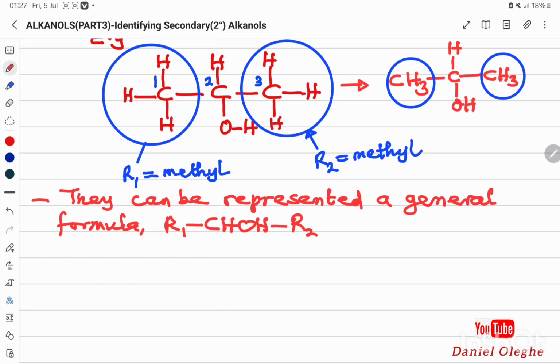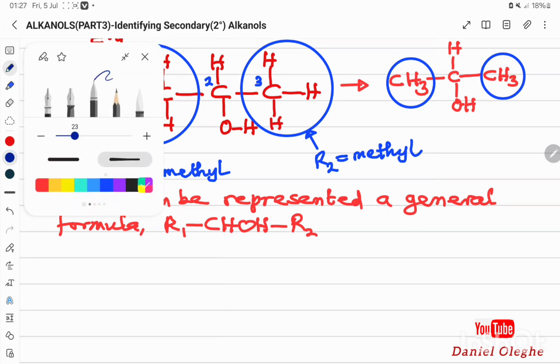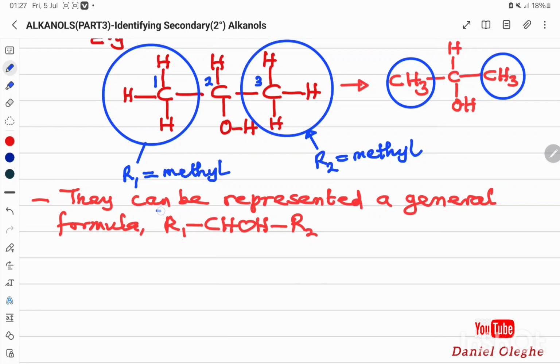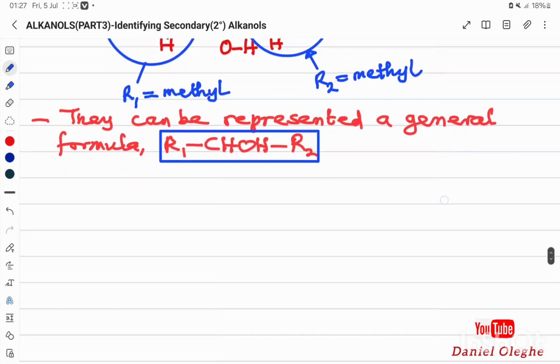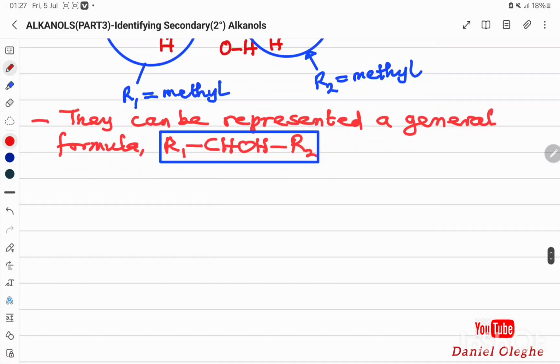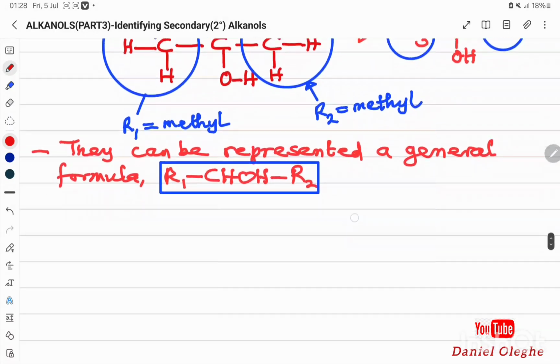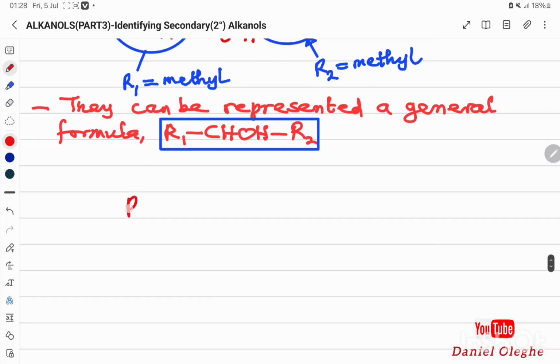That's how we can identify them. They can be represented by the general formula R1CHOH in the middle, then R2. So this represents the general formula of secondary alkanols. I can also represent it as follows.